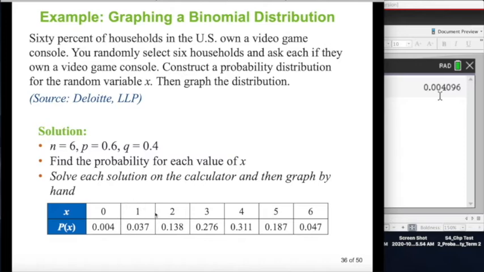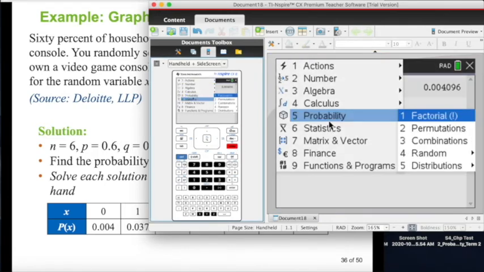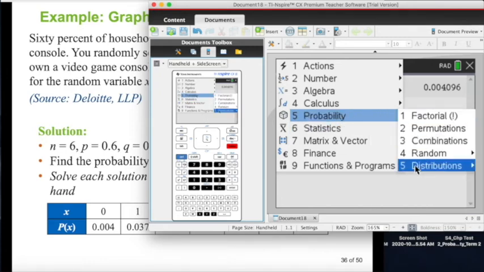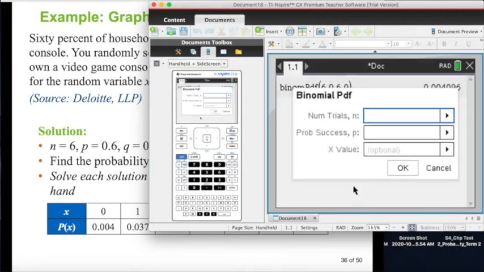when x is equal to 1, or when only one household owns a video game console, let's find that probability. So we go to menu, then probability distribution, and then binomial PDF. Number of trials is 6.